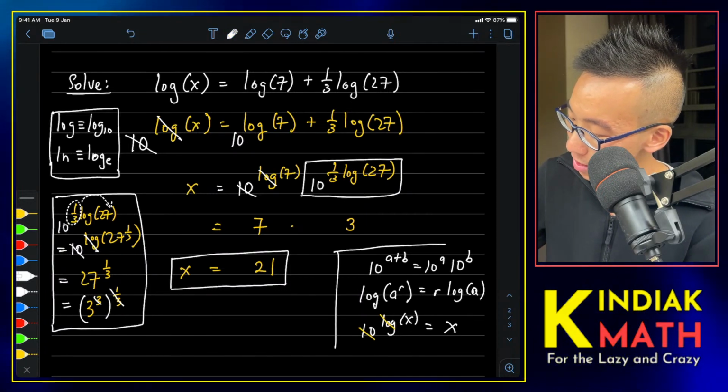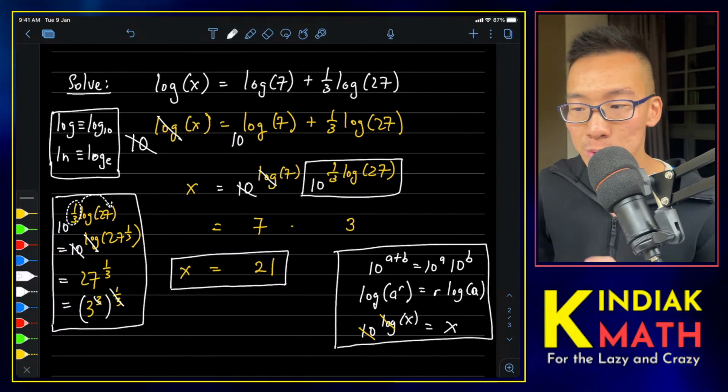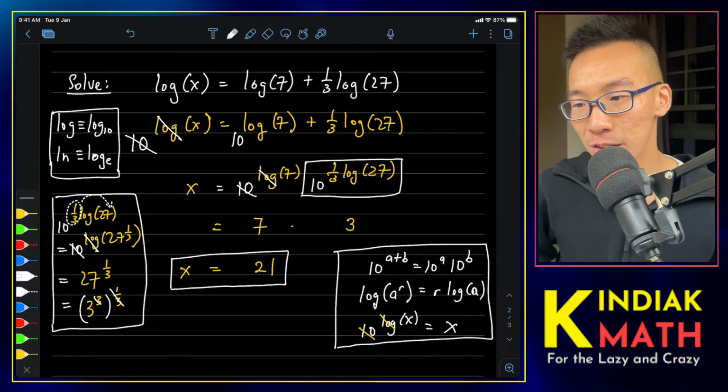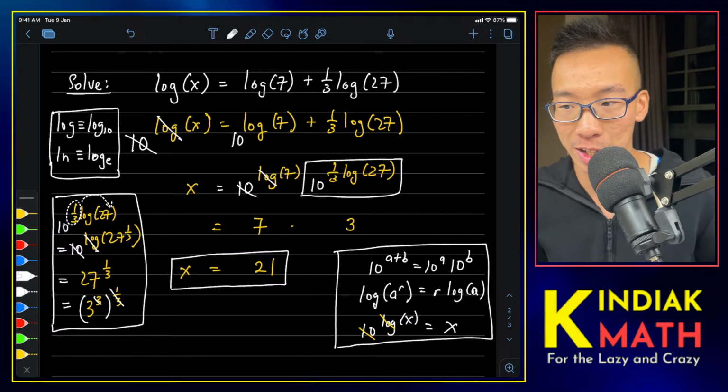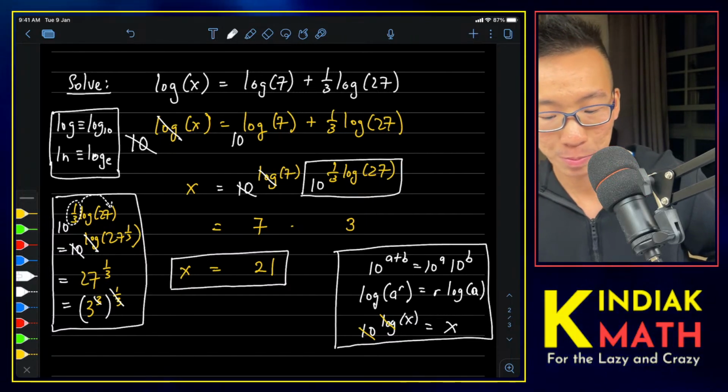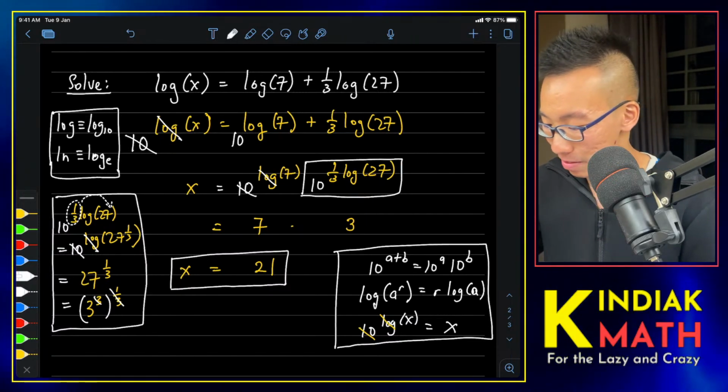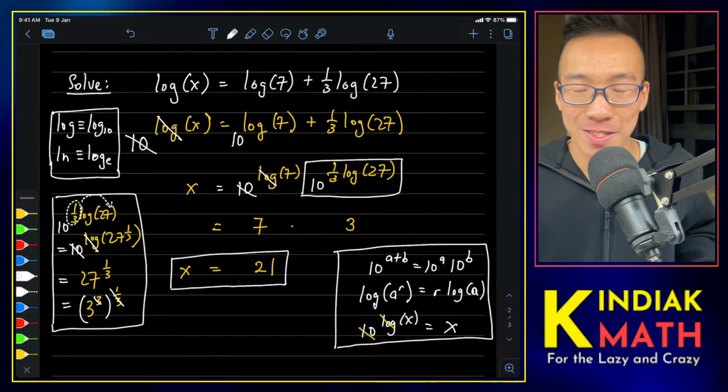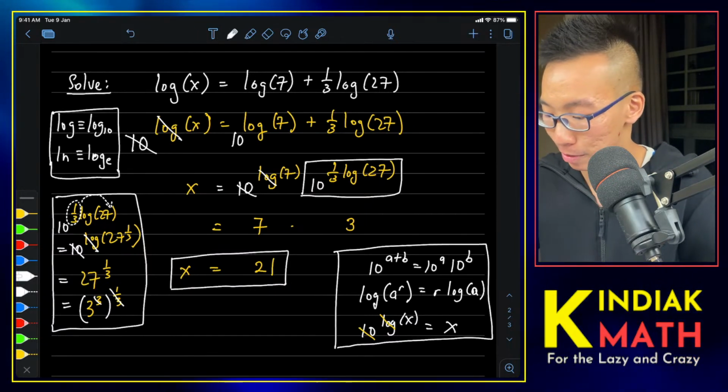So these are the 3 tools that we are using in order to solve this logarithmic equation. Alright, so far things are pretty straightforward. Of course, things get a little bit more hairy later on.